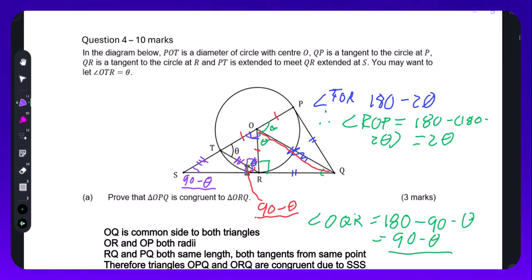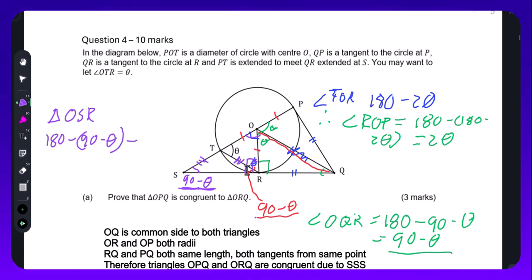But just to write out that last part, so for triangle OSR, it's going to be 180 degrees, take your 90 take theta. I always have that stuff in brackets, make sure I do it right.